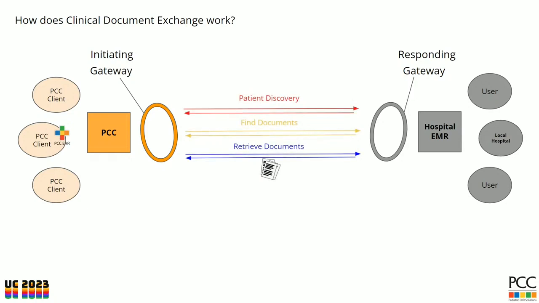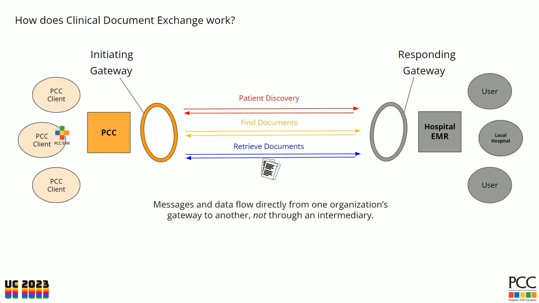And I like to show this slide because there's a couple points I'm going to make that I think the diagram helps make clear. One of those is that the messages that go back and forth and the documents that go across, they go directly from one organization to the other. There isn't an intermediary in between that data is flowing through.